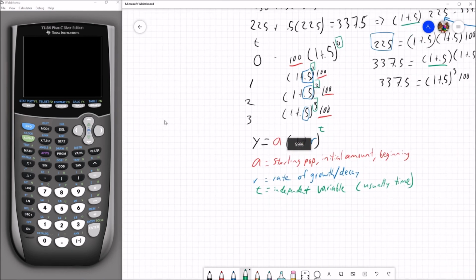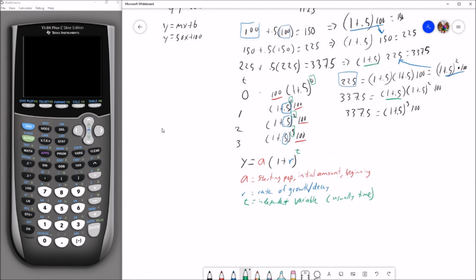And we could put the constants in and get what company B looked like. So if we zoom out a lot, right here was company A. Company B, we start out with 100 stores, so that would be our A. Our growth was 50%, so that's 0.5, and then we would just have a t. We could have used an x or t, it doesn't matter.